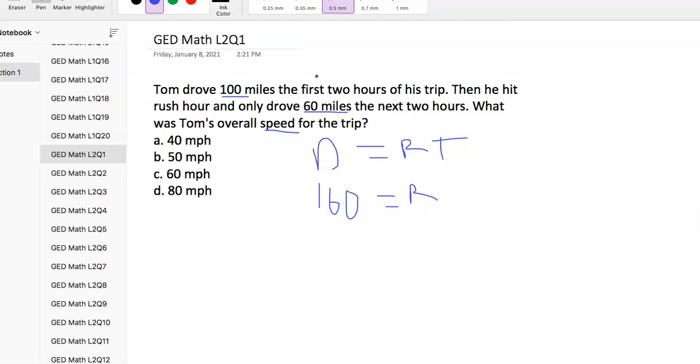And time: he drove 100 miles the first 2 hours and then 60 miles the next 2 hours. So overall he drove 4 hours. If we divide each side by 4, 160 divided by 4 is 40, and we come up with 40 miles an hour, which is the overall speed for the trip.